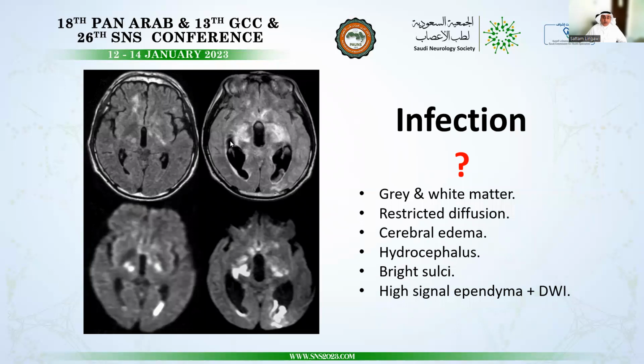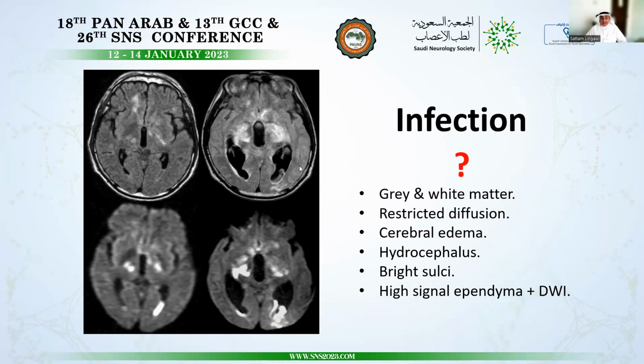So, back to our case, is this an infectious process? Well, there's gray-white matter involvement, which we see in infections. There's restricted diffusion, which we see in acute infections as well. There is cerebral edema with effacement of sulci. There is hydrocephalus with bright ependyma and some debris within the ventricular system that shows restriction, which goes with ventriculitis.